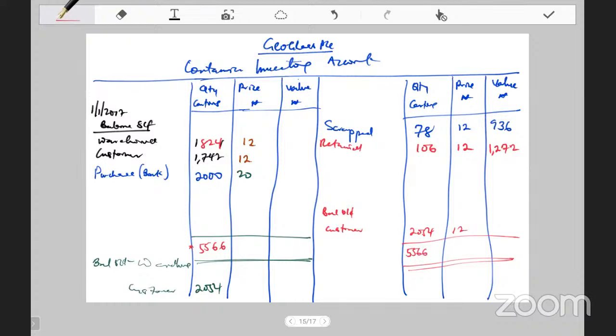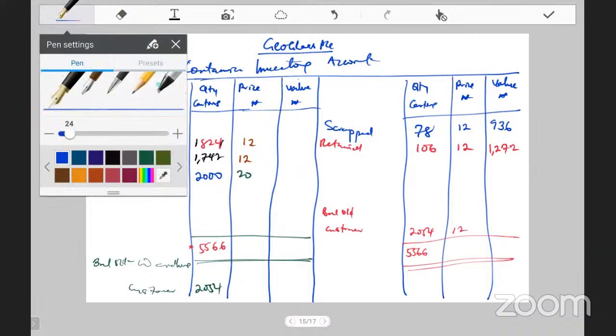Now let's confirm. Out of the 5,566, 78 is damaged and scrapped, 106 is retained, and 2,054 is in the hands of the customer.